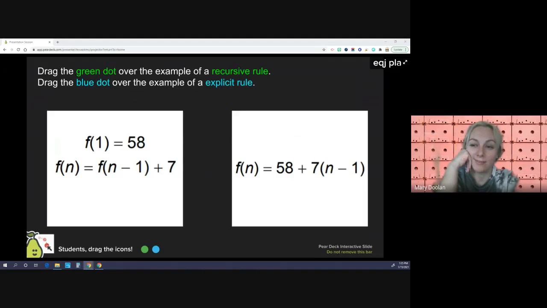Everybody being shy. You can just type in the chat. Do you notice anything different from the left side and the right side? The left side is longer, more complicated.